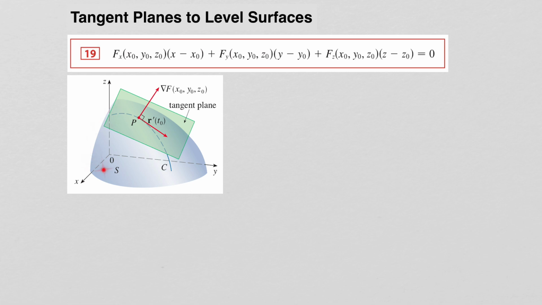So if this surface is defined by some function, f of x, y, and z is equal to 0, then the tangent plane at the point (x0, y0, z0) can be given by this formula. Now, I'm not going to prove this here. Instead, we're just going to use it.